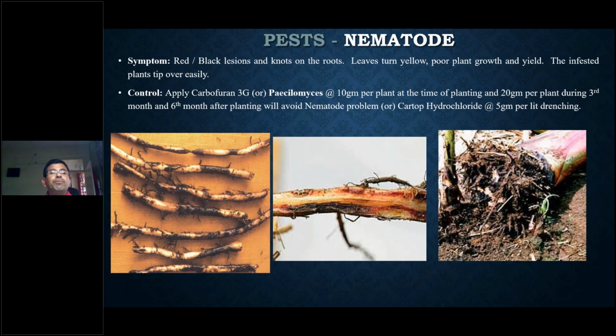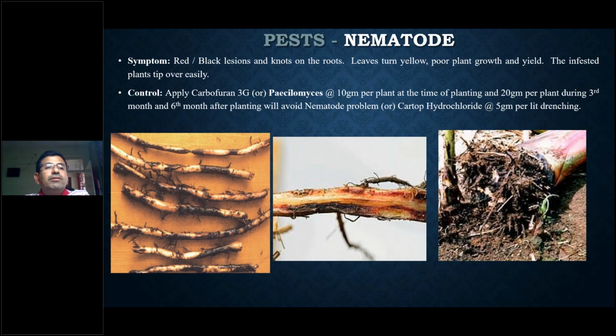Another pest, nematode. There are mainly 2 kinds of nematodes that affect the banana crop. One is the root knot nematode, another is the red lesion nematode. Generally, the symptoms are black lesions and knots on the roots, leaves turn yellow, and poor plant growth and yield.